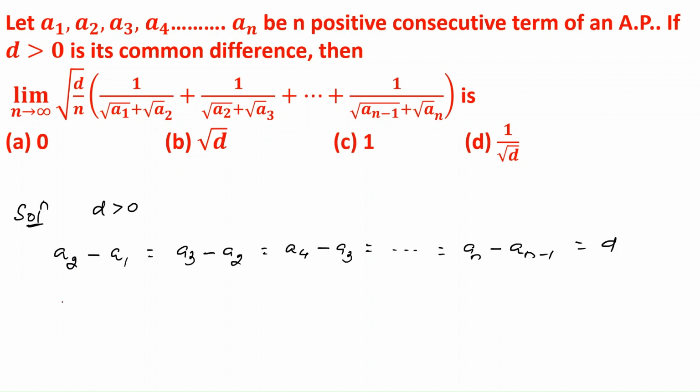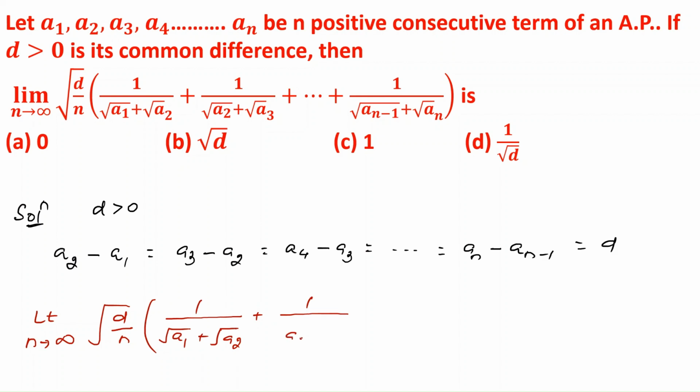Now we have to evaluate the limit as n tends to infinity of square root of d by n into 1 upon (square root of a1 plus square root of a2) plus 1 upon (square root of a2 plus square root of a3) plus ... plus 1 by (square root of a(n-1) plus square root of an).